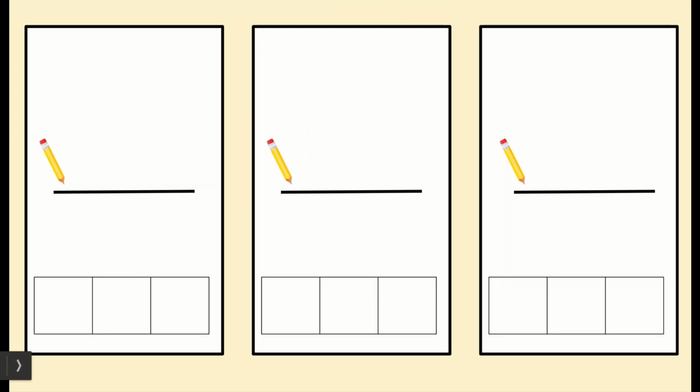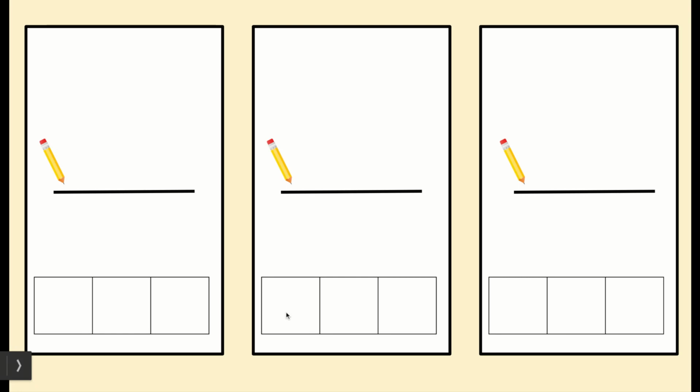Now let's practice spelling 3 of those words. The first word that we're going to spell is the word wig. Remember to stretch it apart into its sounds, w-ig, and then write the letters that represent those sounds to spell the word wig. The next word we're going to spell is the word jog.